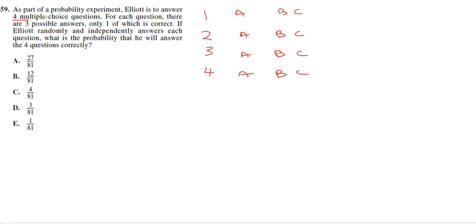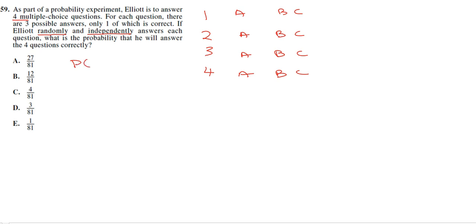So we're looking at random selection here, and we're looking at independent events. So what that means is that we're going to look for the probability of answering each of the questions correctly.